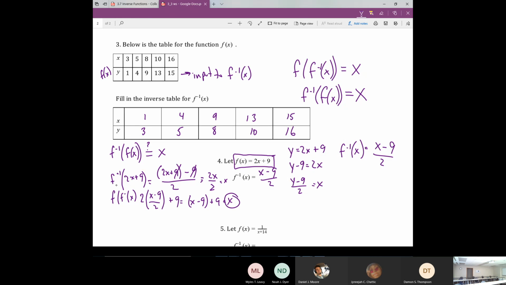Showing that f of f inverse gives me back x. That's my check. Yes, I got the right answer.